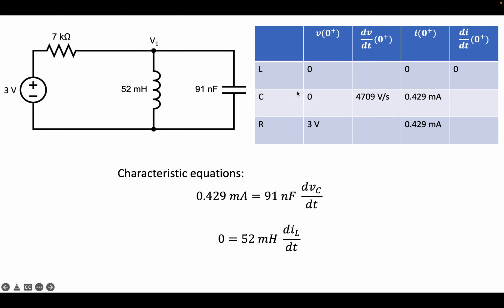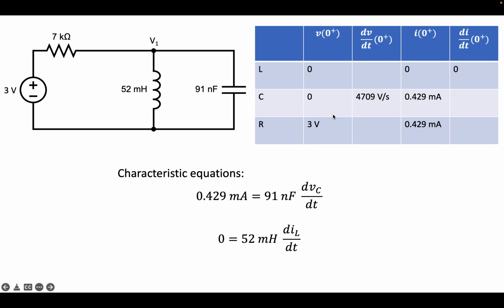Look at that. Even though the switch flips and there's no voltage across the capacitor at t equals 0 plus, there's 4,709 volts per second is the slope of that graph. So it's actually changing pretty quickly, even though it's still at 0 at that moment. But this is definitely 0.